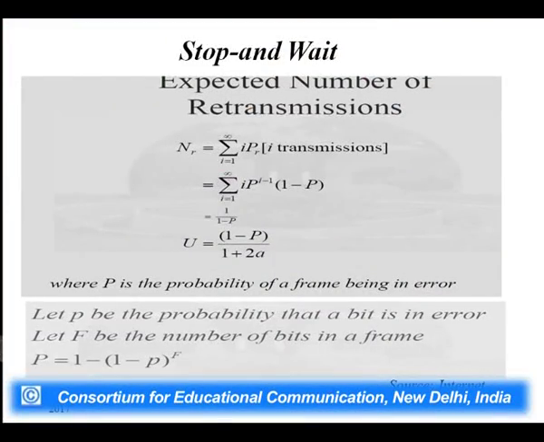So p into p into p into p. If the frame goes correctly on the 11th time, that means 10 times it was transmitted with error: first attempt error, second attempt error, third attempt error, up to the 10th attempt error. That means p raised to power 10, and the 11th time it succeeded, so 1 minus p is the probability that the frame is transmitted successfully, and we multiply by that.